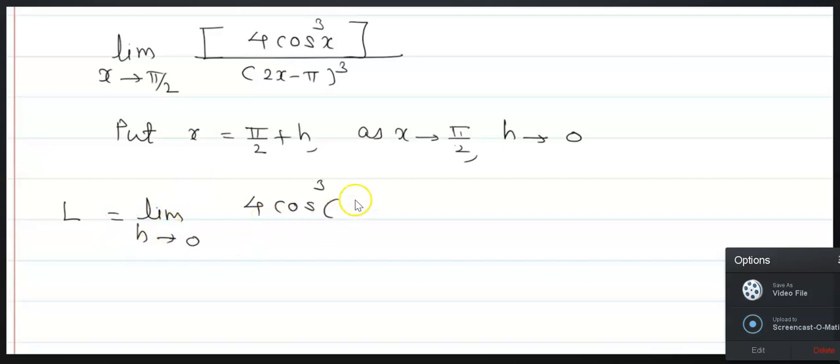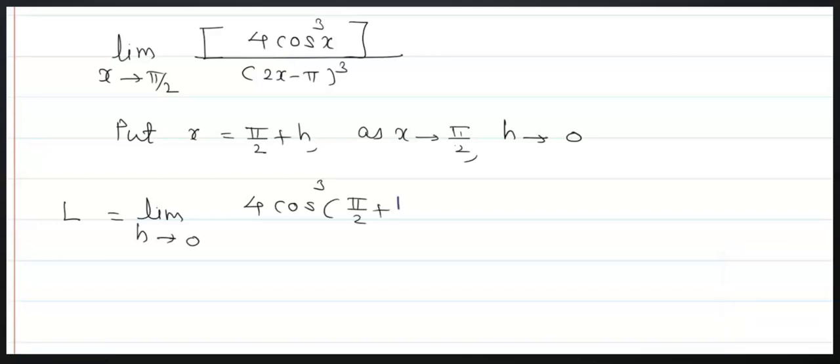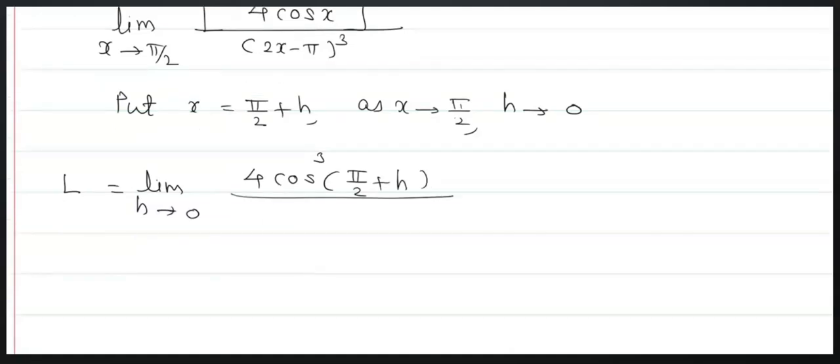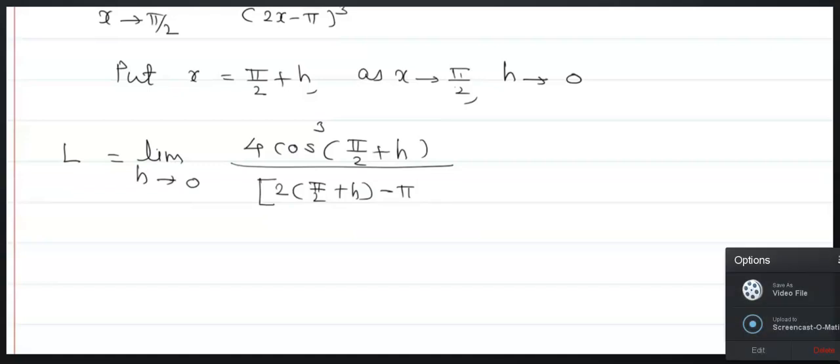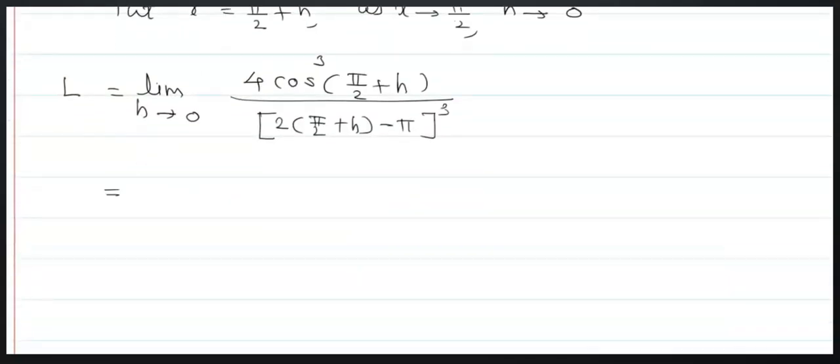4 cos cube in bracket pi by 2 plus h, and to the denominator, substitute the value of x. That is 2 in bracket pi by 2 plus h minus pi bracket cube, limit h tends to 0, 4 cos of pi by 2 plus h.